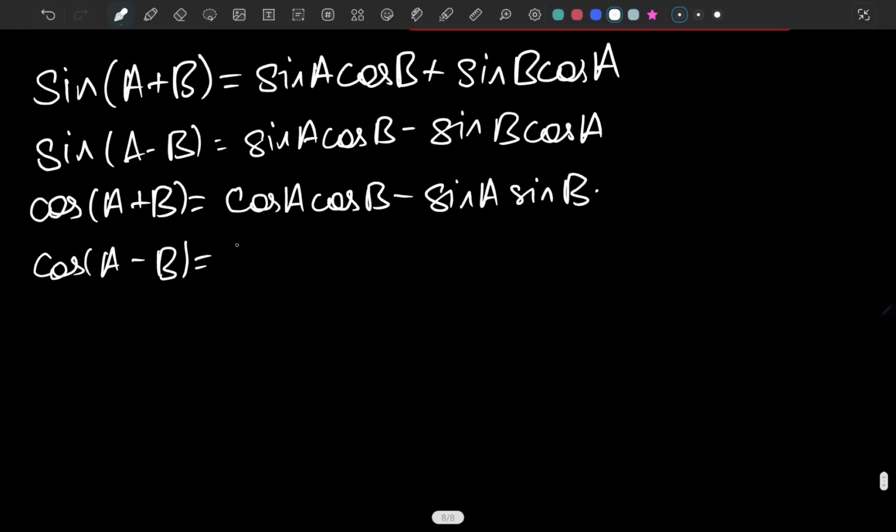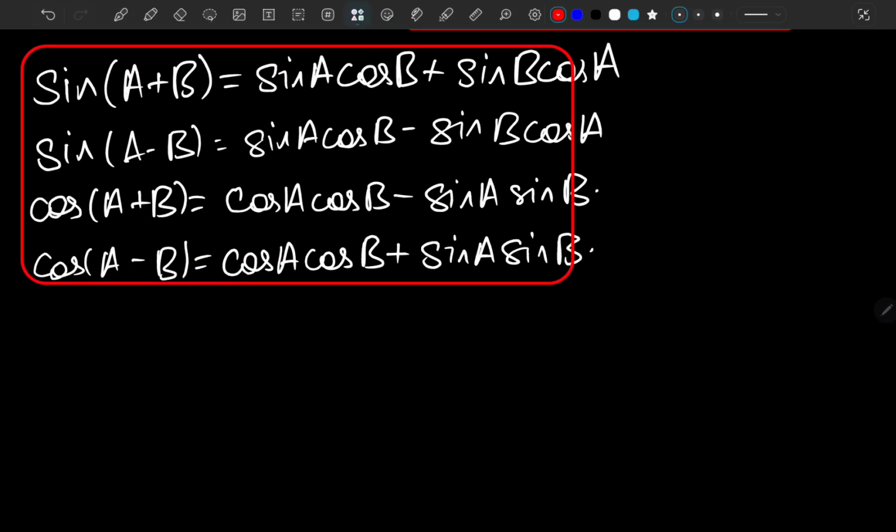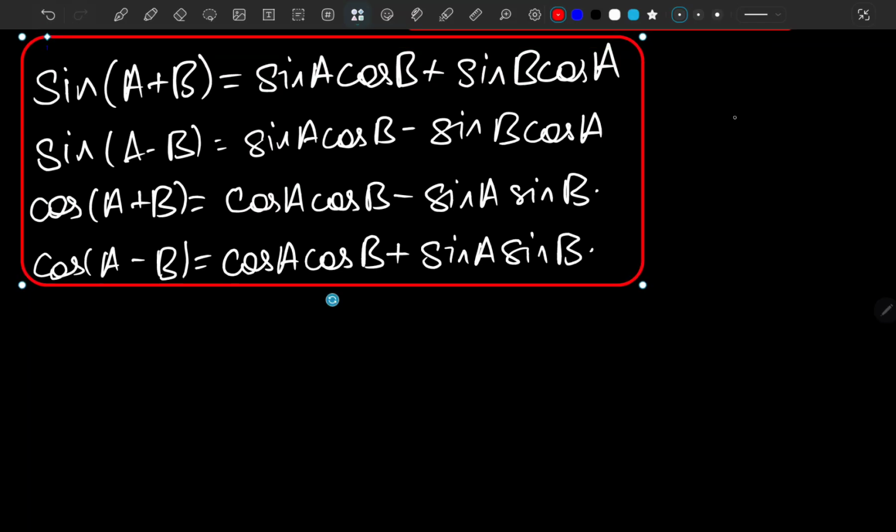So cosine of a minus b is cosine of a cosine of b plus sine of a and sine of b. So these 4 identities we have proven so far.